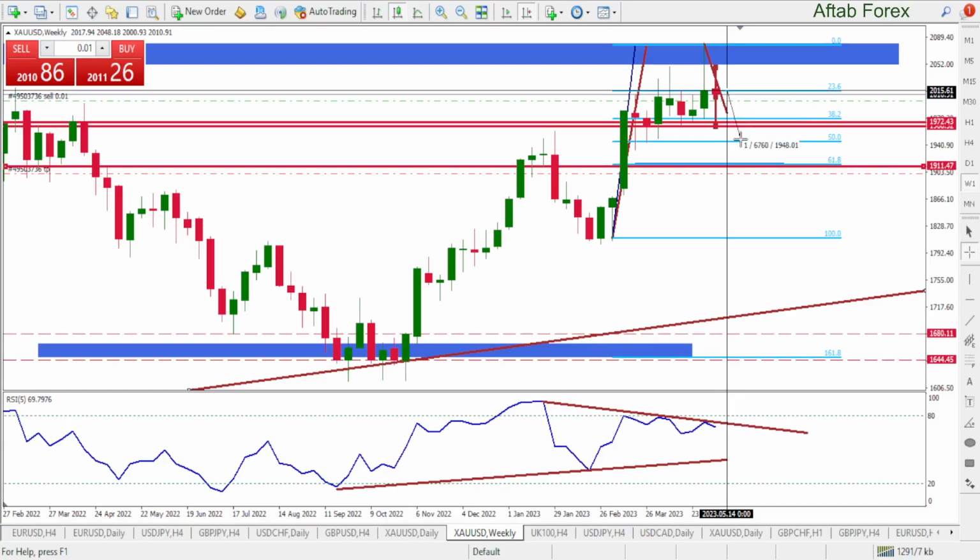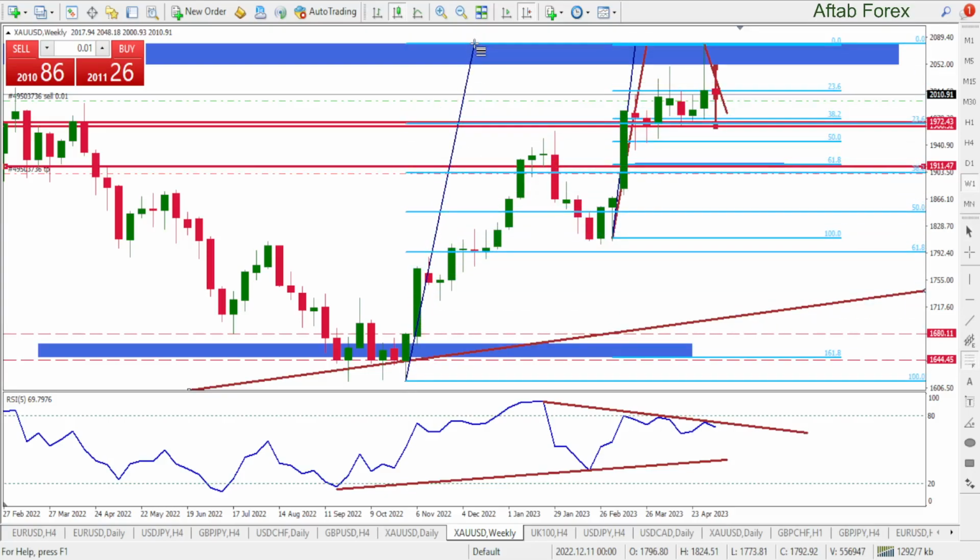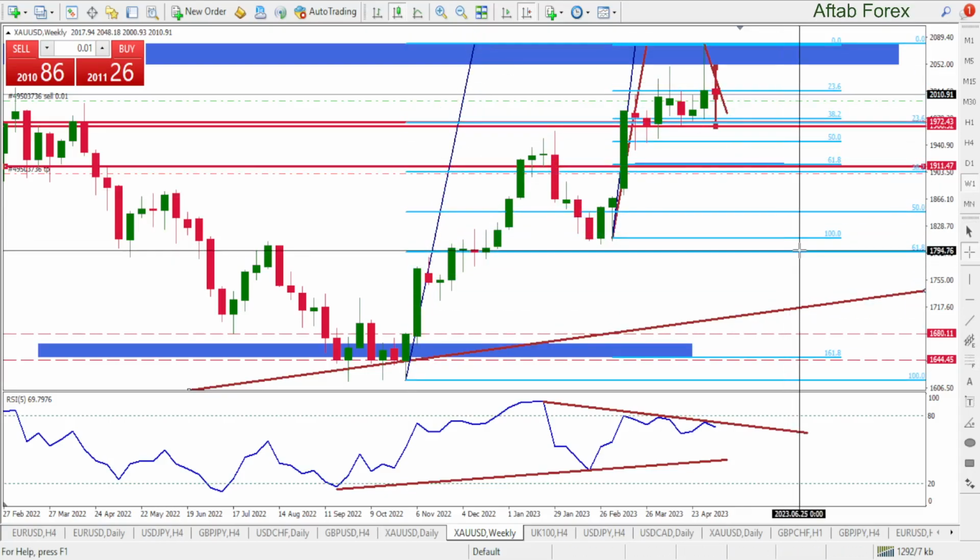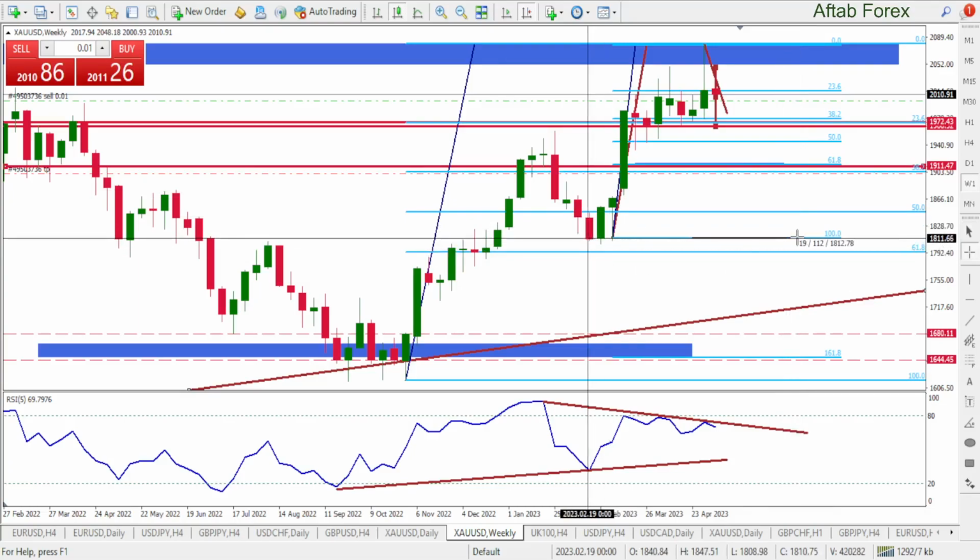If it closes below 1972, that will be like a bonus. Then I will also be targeting this impulsive wave, all at once, till 1795, or approximately this support 1811.